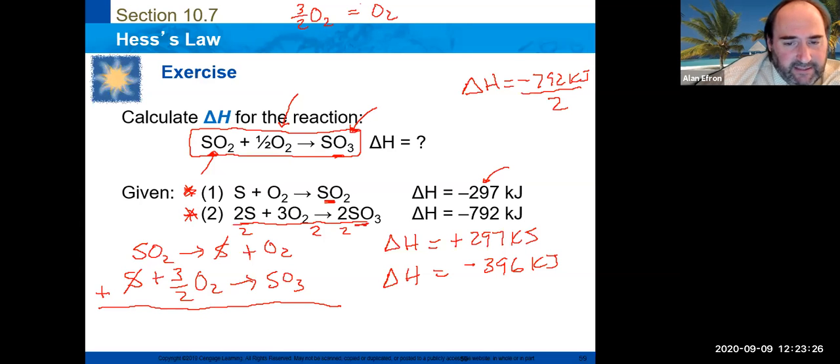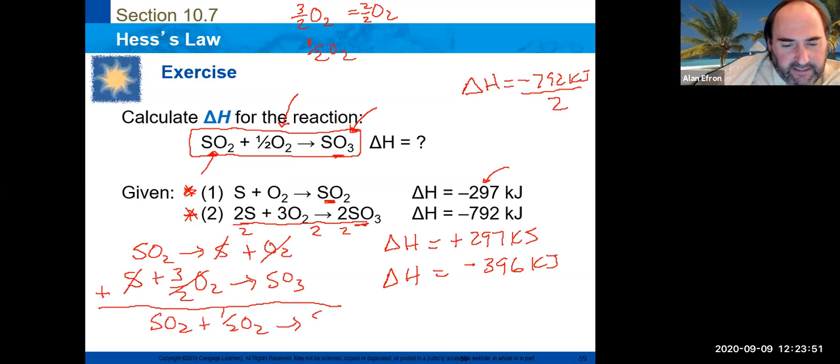That is the same as 2 divided by 2, right? Which if you bring this to the other side, will leave you with 1/2 O2 if you subtract that to the other side. So this will cancel on the right. This will now become 1/2 O2. And that will leave me with SO2 plus 1/2 O2.